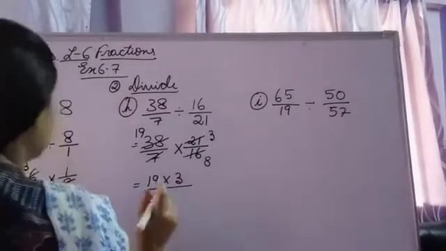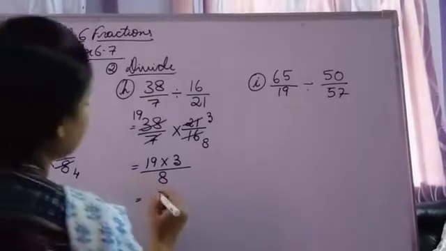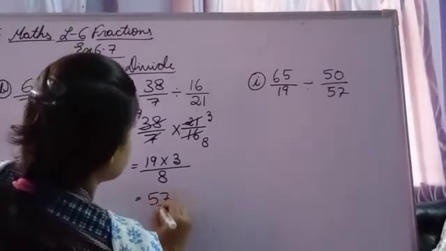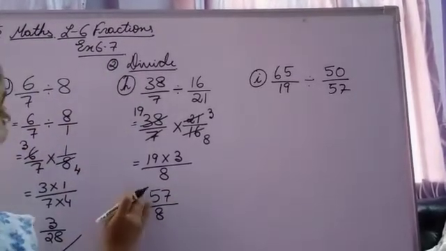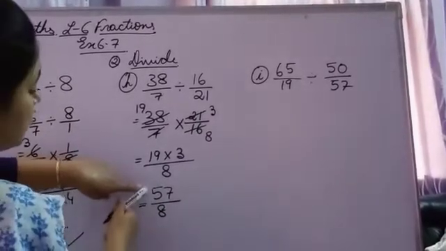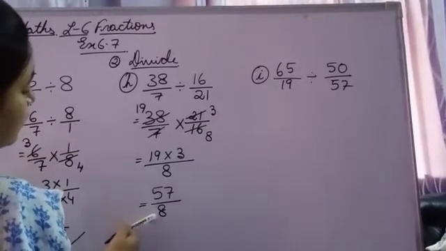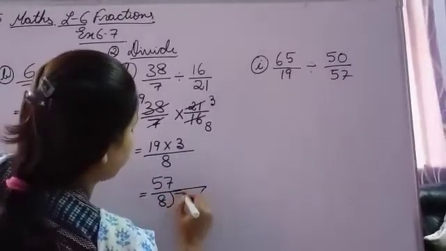Okay, now 19 into 3. If you do 19 into 3, you will get 57 divided by 8. So this is again an improper fraction. What type of fraction is this one? Improper fraction. The numerator is greater than the denominator. So we can change it into a mixed fraction.